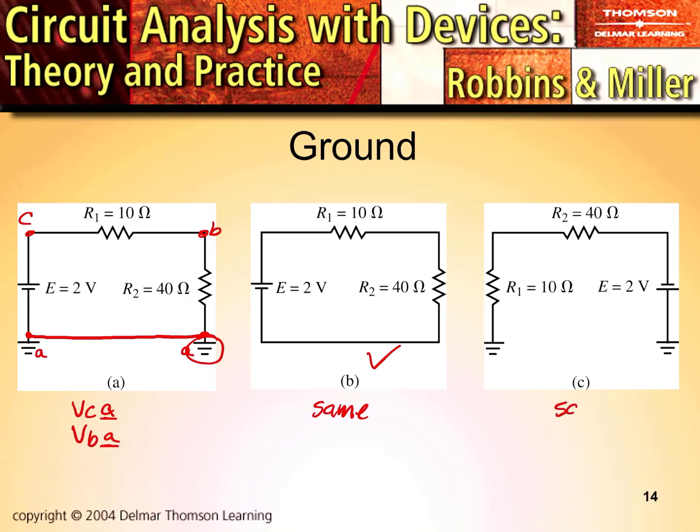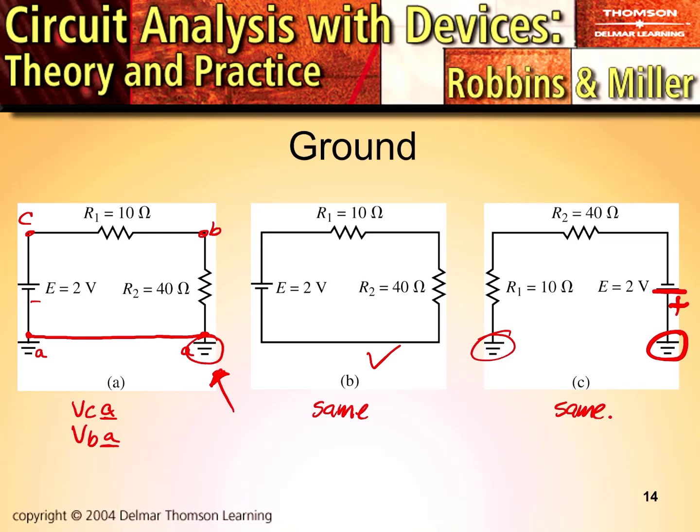This is the same circuit. It has the same power dissipation, the same direction of current, the same current flow. The only thing that's changed is the point of reference. Notice how here the positive terminal of the source is grounded, and over here the negative terminal of the source is grounded.